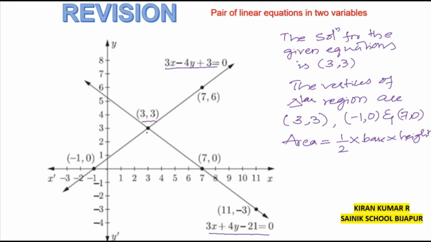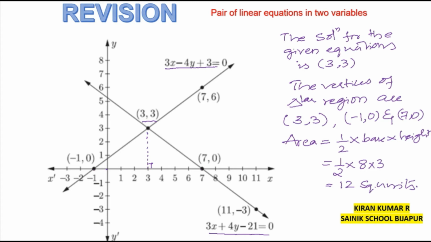To find the height, we need to draw a perpendicular. If a perpendicular is drawn, we get the height of the triangle. Clearly, the height of the triangle is 3. So half into 8 into 3 will be 12 square units. Simple.